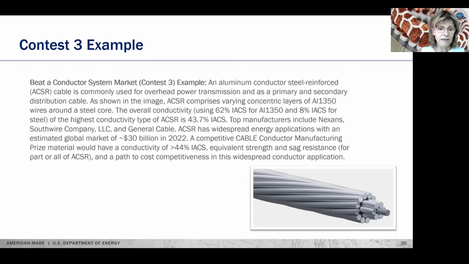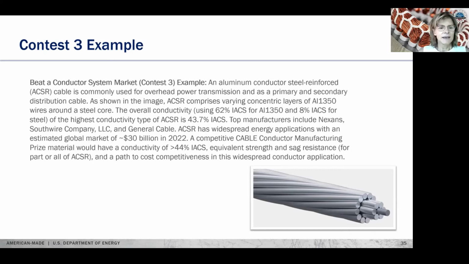We don't have a list of all the potential conductor systems at this point because we want you to think out of the box and be creative and also do your homework on conductor markets. So we don't have a really hard and fast definition of what conductor systems are, but this is a good example.